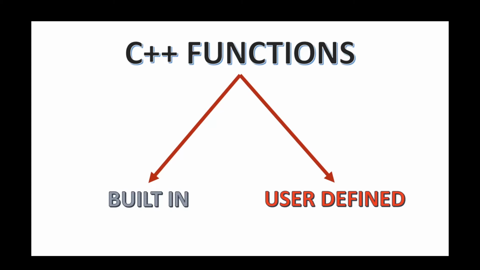Another distinguishing thing between C++ and most notably Pascal or BASIC is that in C++ everything is a function. In Pascal and in Quick Basic and all that, you have procedures and you have functions.